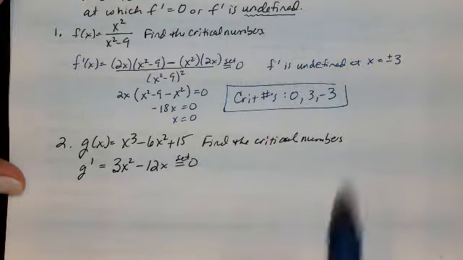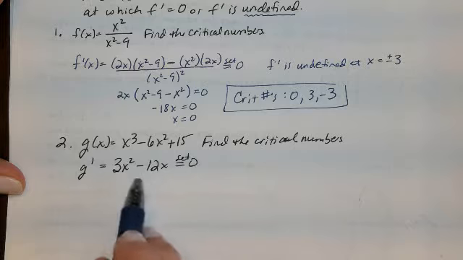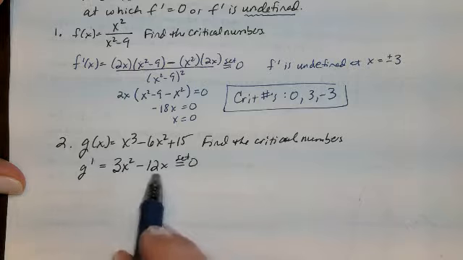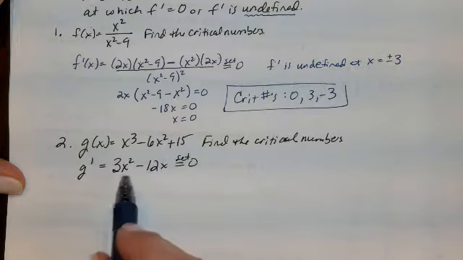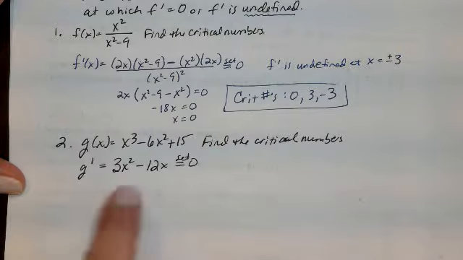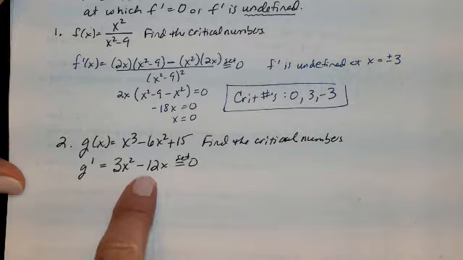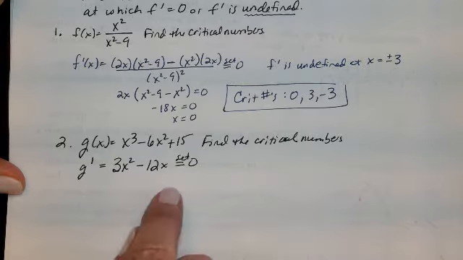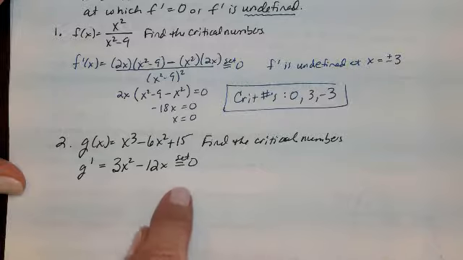In this case, again, I always check to see if there are any values of x that make the derivative undefined. And in this case, there are no values that make the derivative undefined. But always take a look at that. If you've got a trig function, take a look at it. You know, some trig functions have asymptotes, so they will be undefined at places.